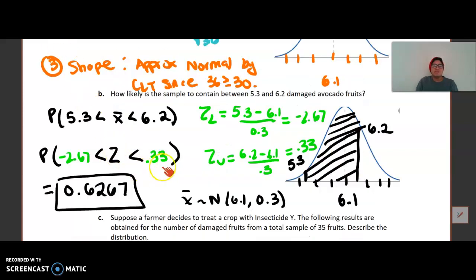And when I find that difference, or if I use technology to find that difference, I find that there is a 62.67% chance that our sample is likely to contain between 5.3 and 6.2 damaged avocado fruits, assuming we are centered here at 6.1 and that all of these other assumptions are met. So that's just an example of how we can use information about the population to create the sampling distribution and then find out this relevant and correct probability.